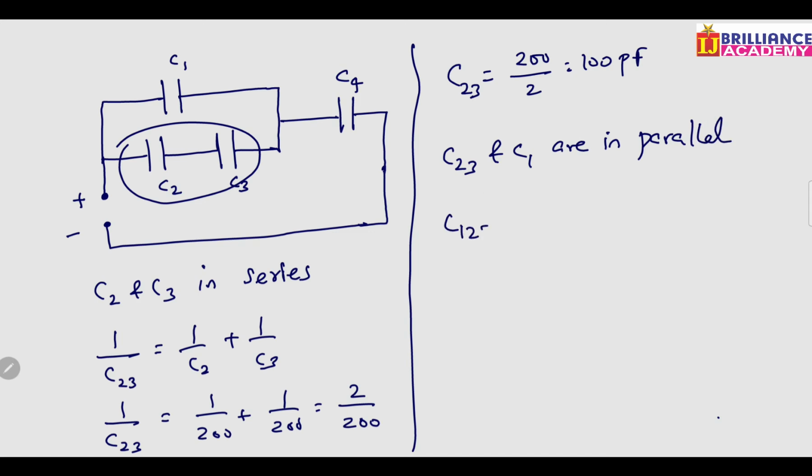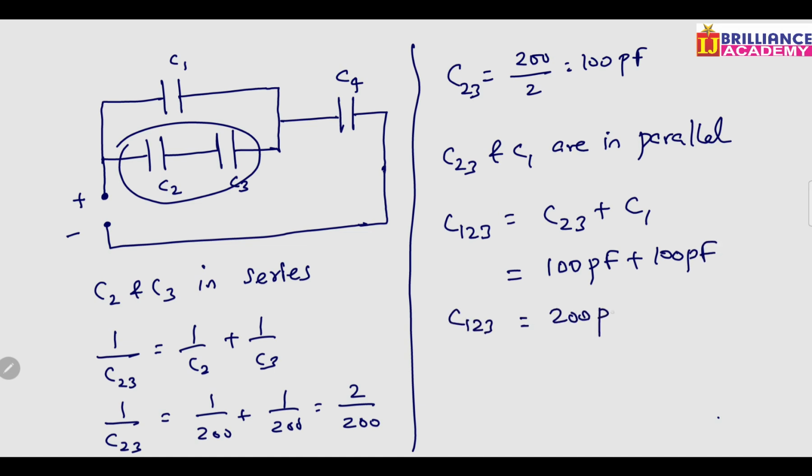Parallel, it's very easy. So C123 is equal to C23 plus C1, a direct sum. So 100 picofarad plus 100 picofarad, C123 becomes 200 picofarad.